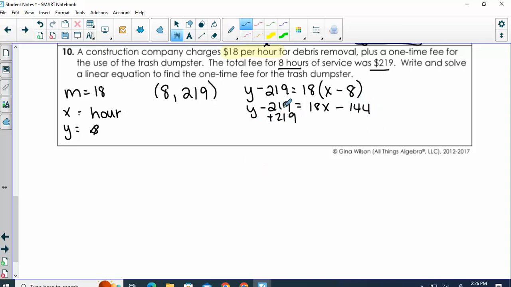Add over 219. So we get y equals 18x negative 144 plus 219. So that's my equation that we had to write.